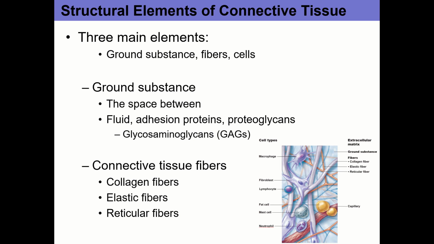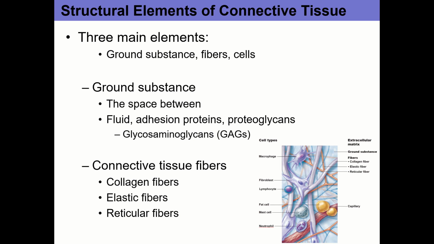That's as opposed to the elastic fibers, which on here are this orange color. Sometimes they're yellow, but here they're orange. Elastic fibers, as you would expect, are more elastic, more like a rubber band. When you pull on them and then release that pulling apart force, the elastic fibers snap back to their original length.